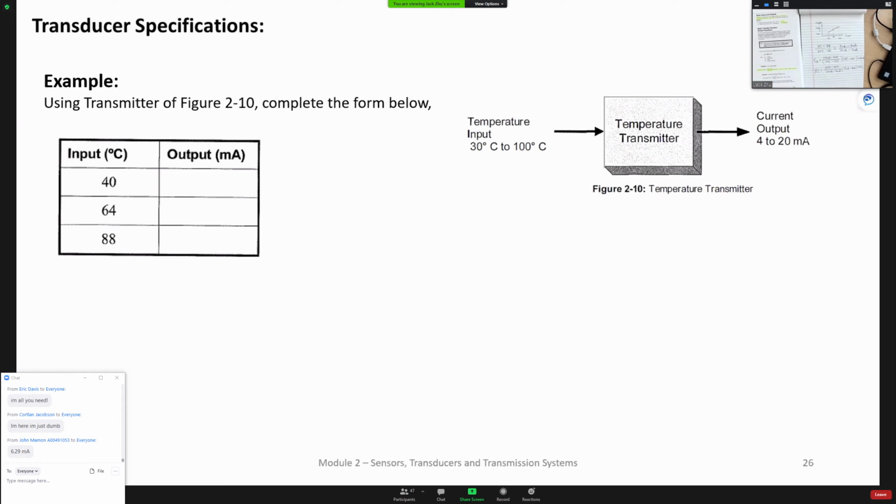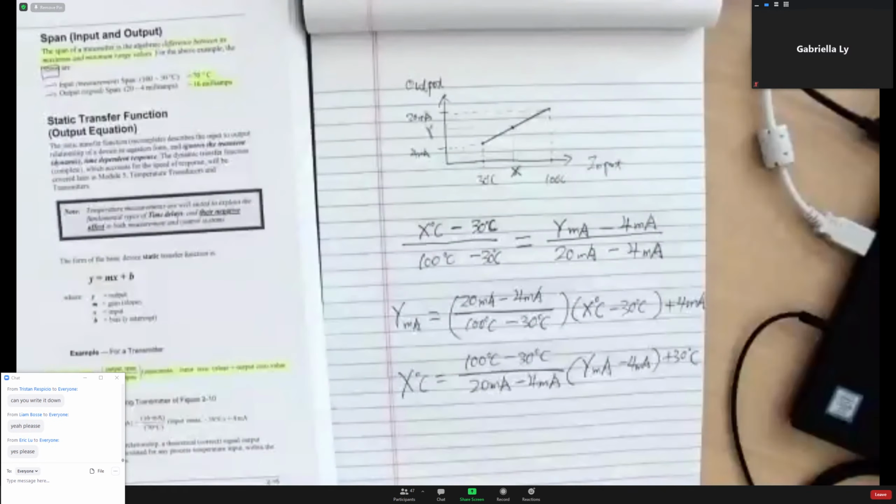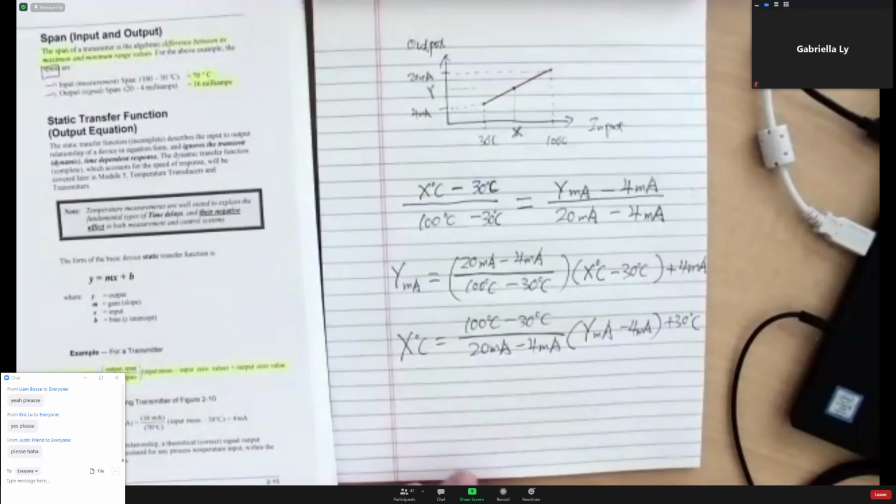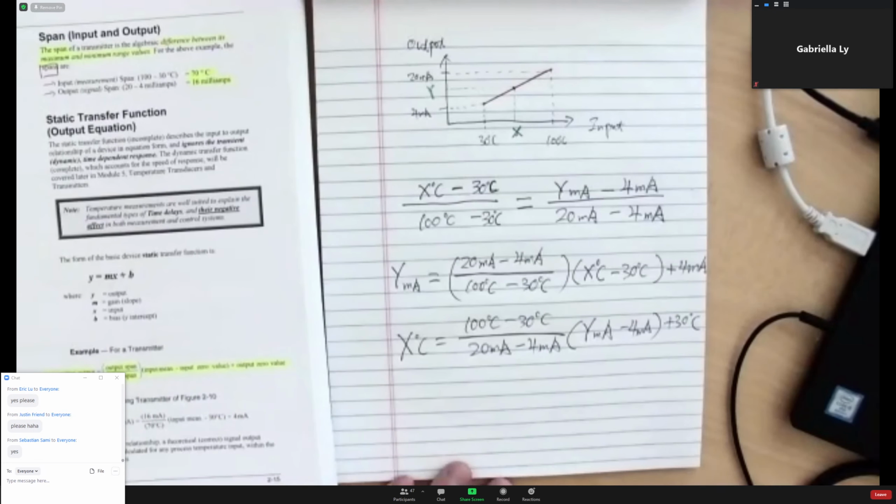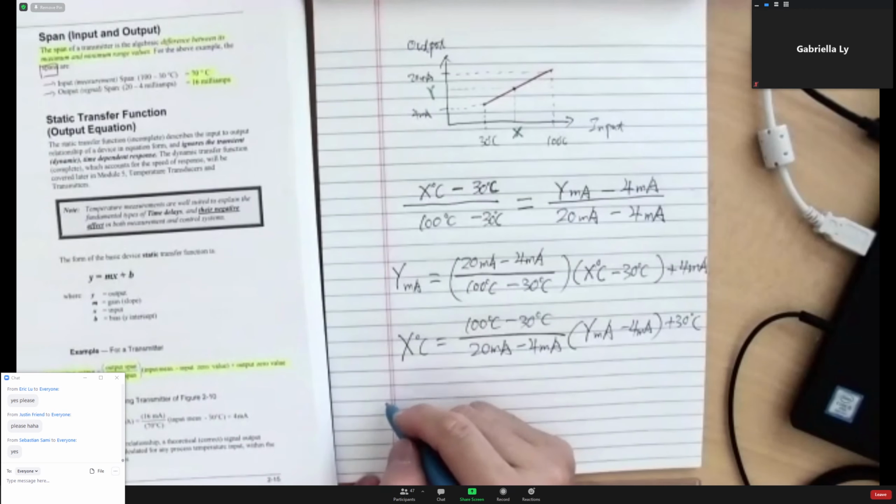Anyone who has difficulty, do you want me to write down the calculation? So you have the formula, right? All we have to do is plug in there.